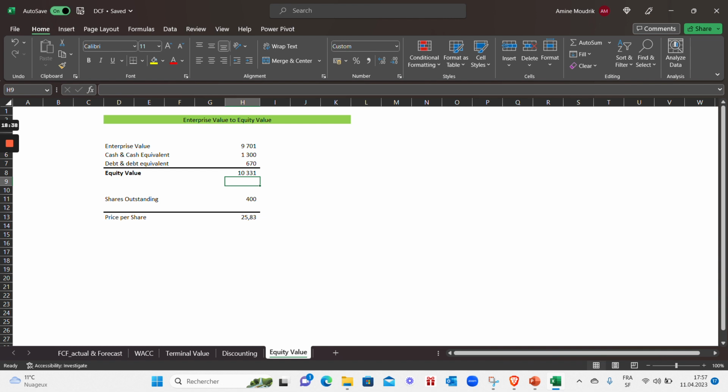If we presume that the company has 400 shares outstanding, then we just divide our equity value by the number of shares. Then we get our price per share of $25.83.